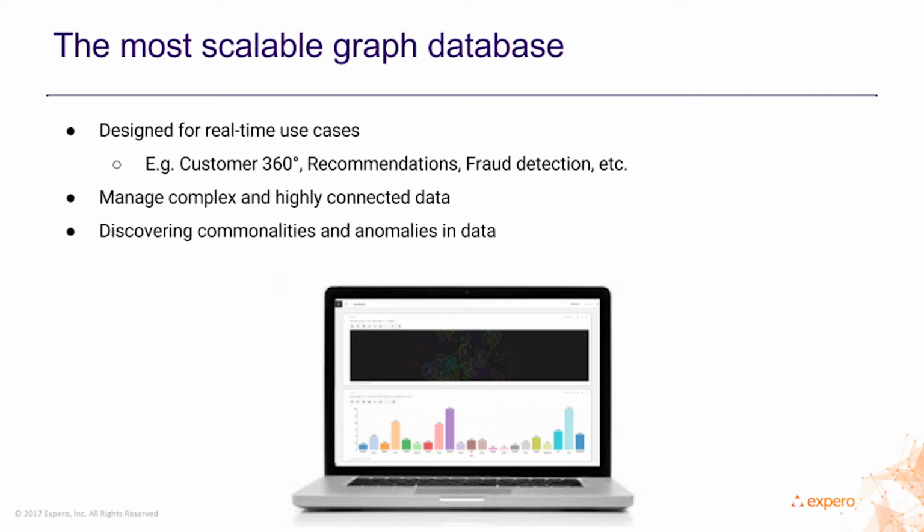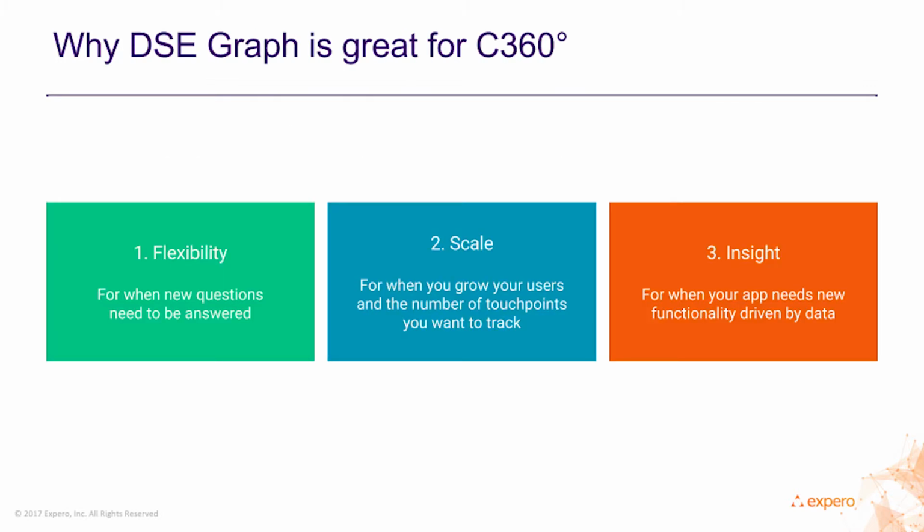I'm excited for a few things when it comes to graph and why it's so great for C360. So I just wanted to quickly hit on each of these. It starts with flexibility. We went over the questions that people need answered and can really only be answered with graph, which is something new with this world of graph.